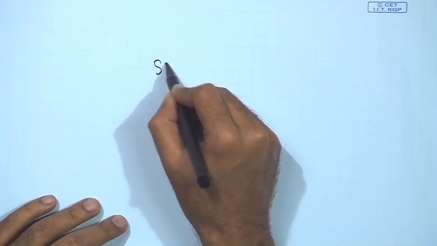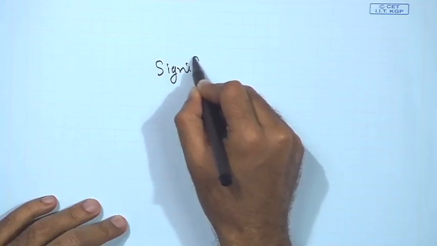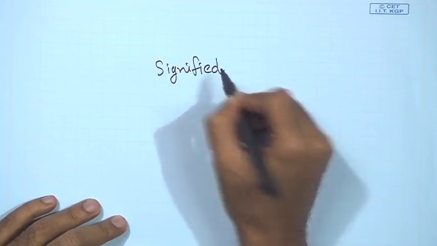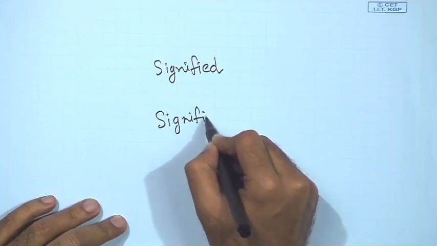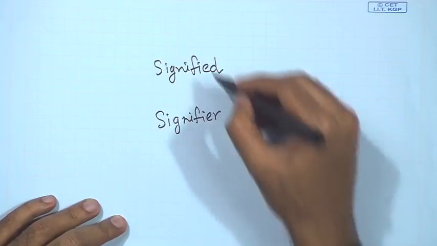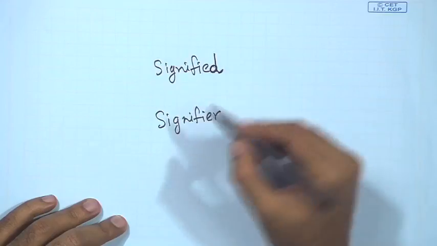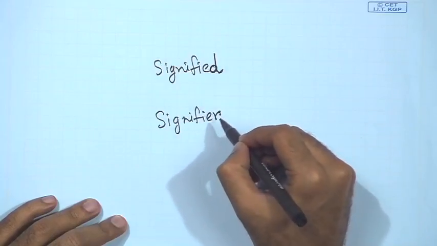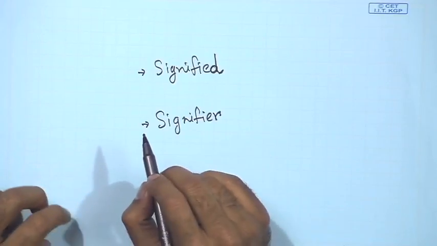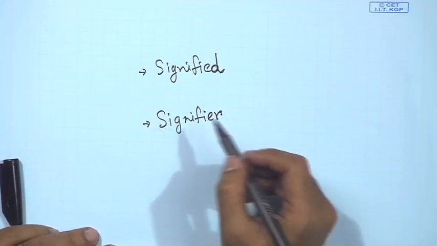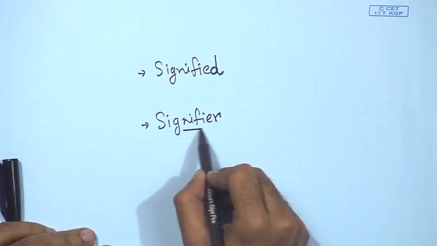Let me write it down for you. You will encounter this word signified, and you will encounter this word signifier. Though initially the words might look similar and might be confusing, it's easy, as I will explain to you.